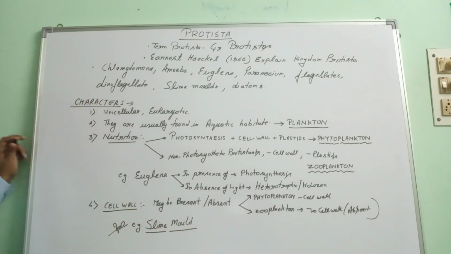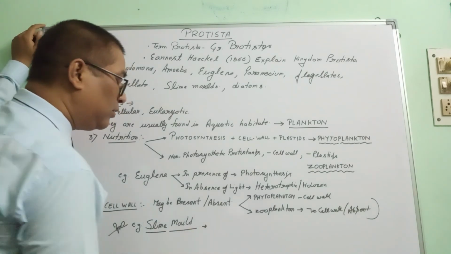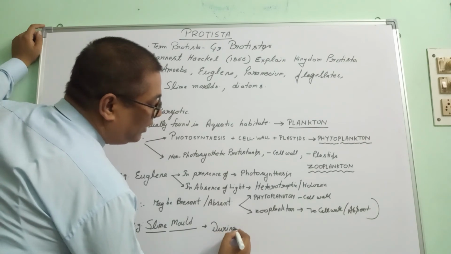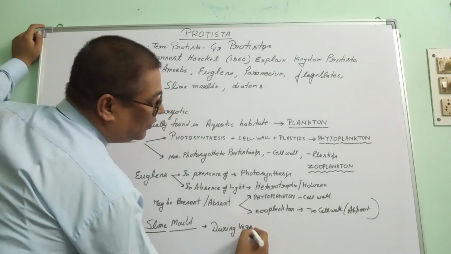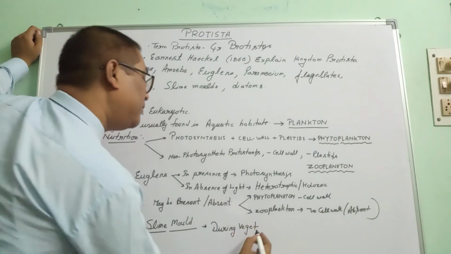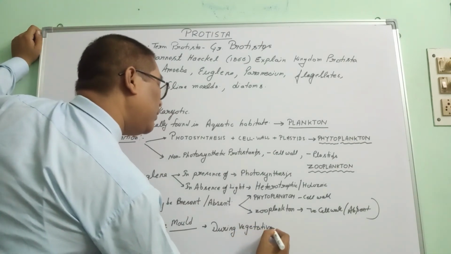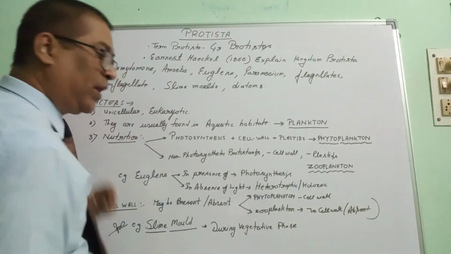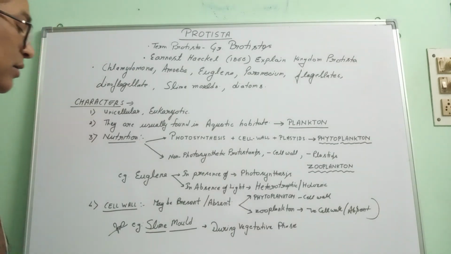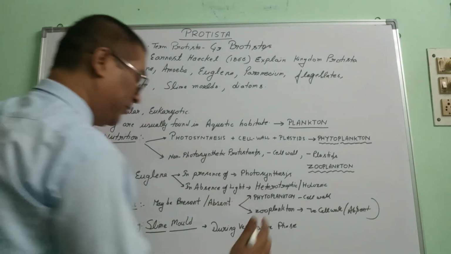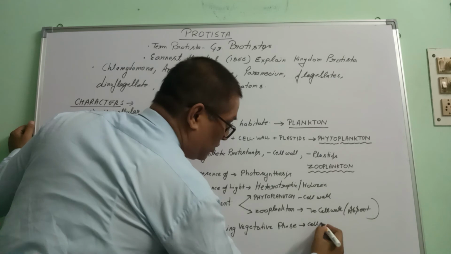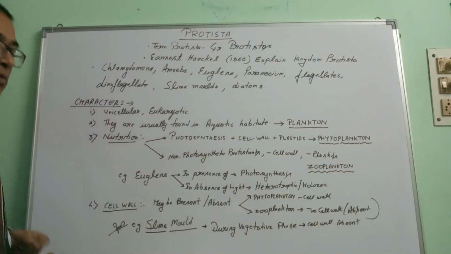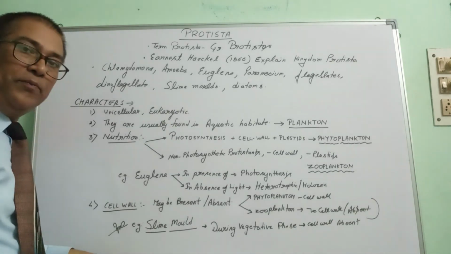During the vegetative phase, which means the developmental phase, the cell wall is absent in slime mold.